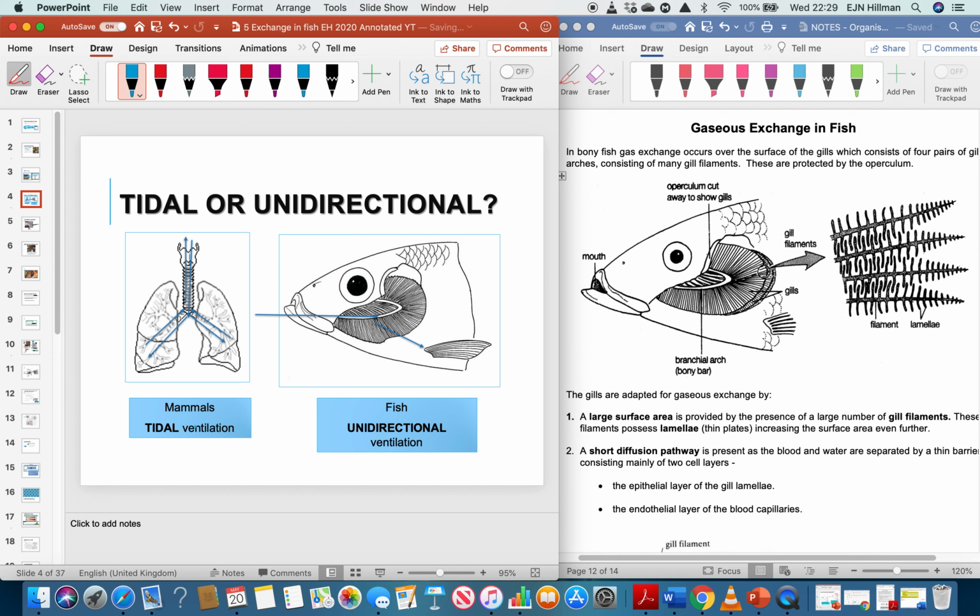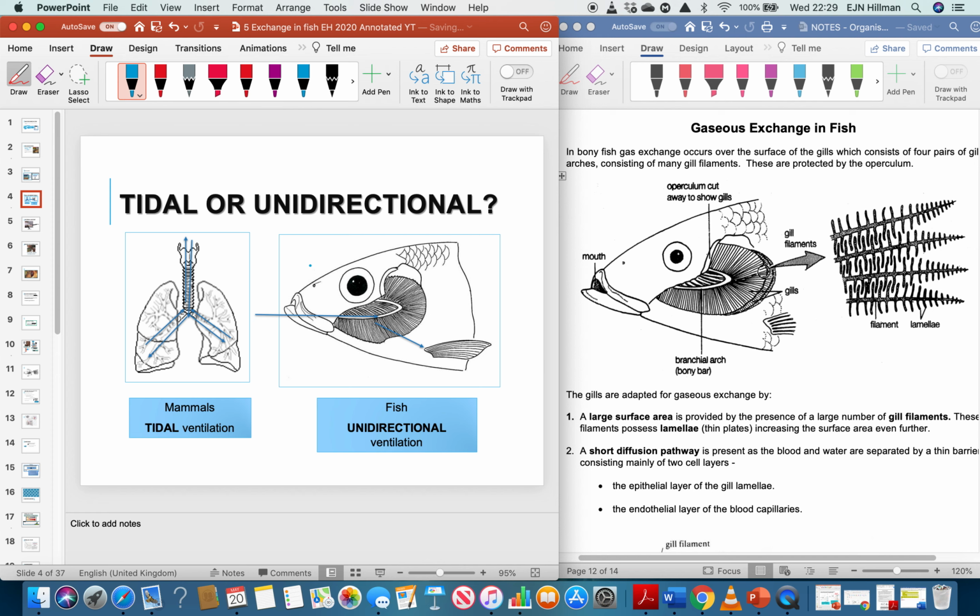Okay, so mammals, and as we said, insects, they show this tidal ventilation. So air moves in, for example, into the lungs, into the alveoli, gas exchange takes place, and then air moves out again.